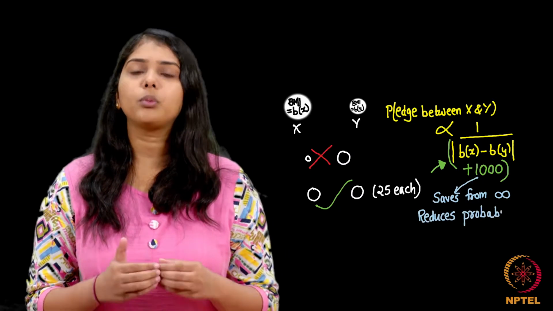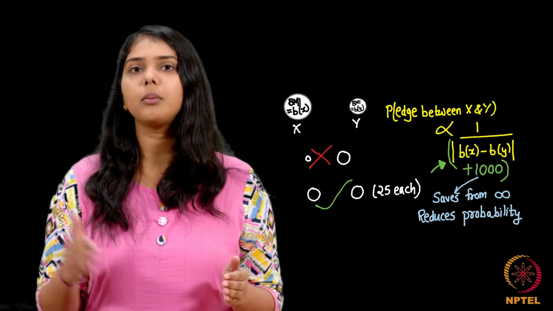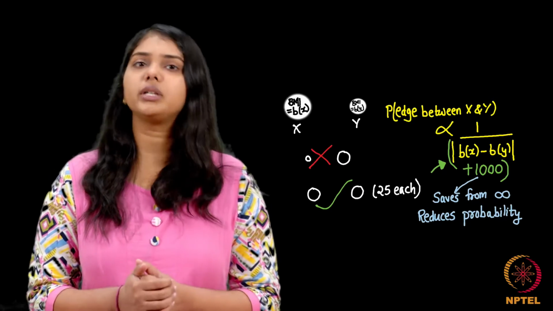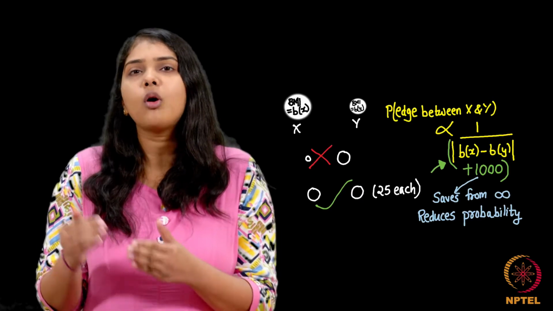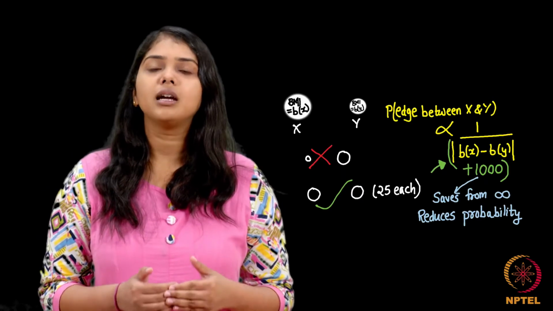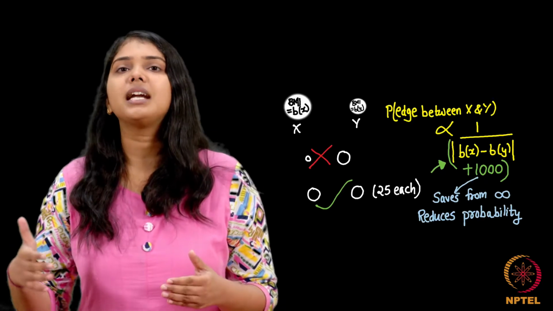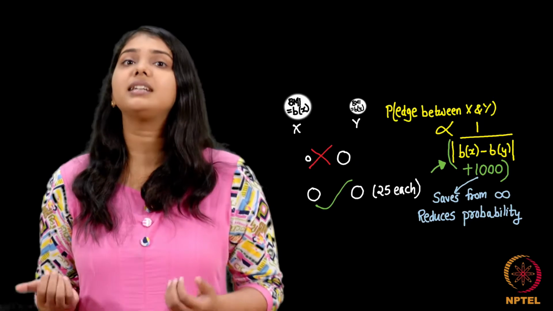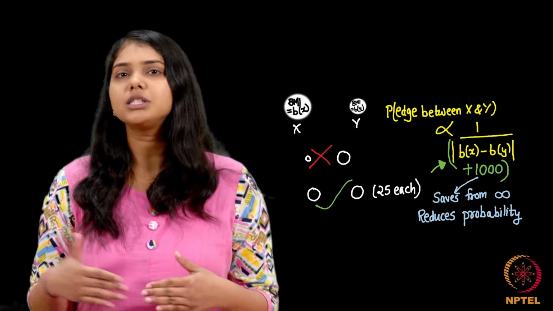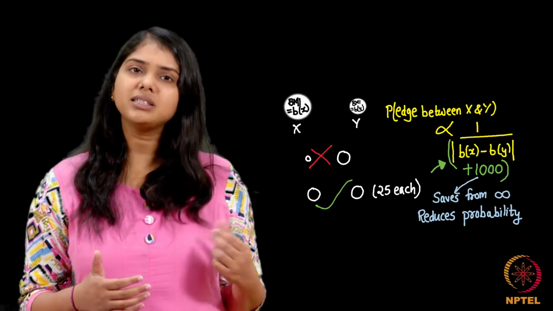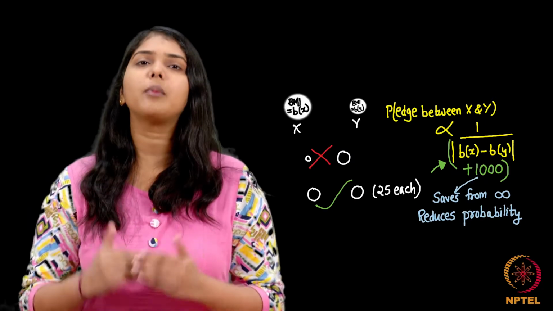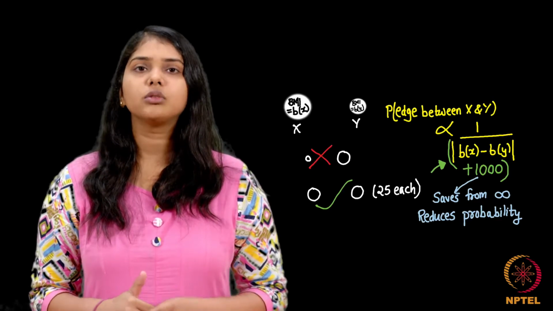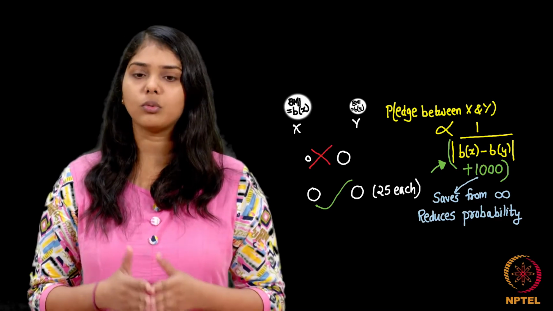Although the probability of one person becoming connected to another remains inversely proportional to the difference between their BMIs, we want these probabilities to be less, because we want the network to be evolving. We do not want a lot of edges to enter at the same time. Edges should come slowly. So this plus 1000 scales all the probability values down. So we use this formula for implementing homophily.